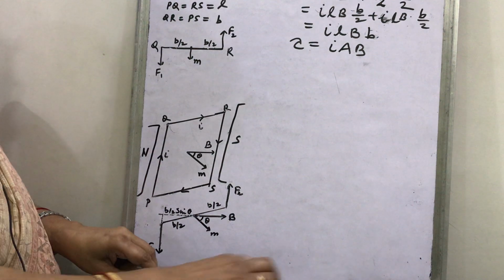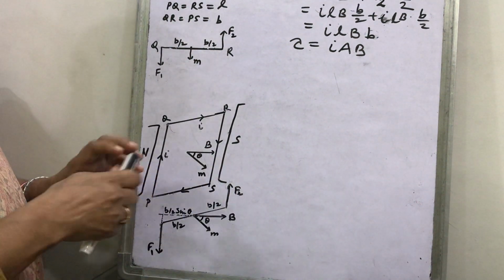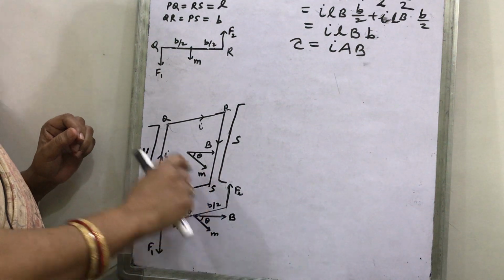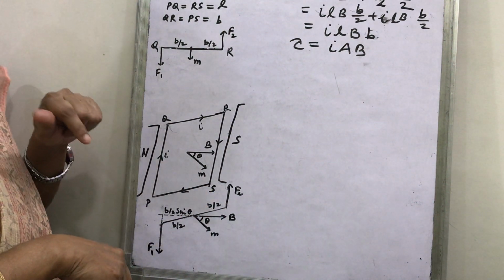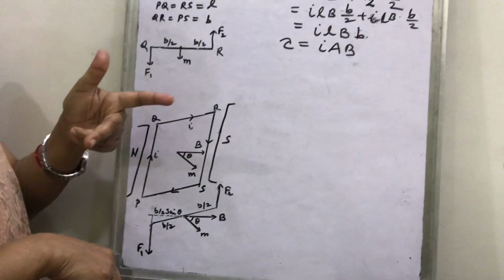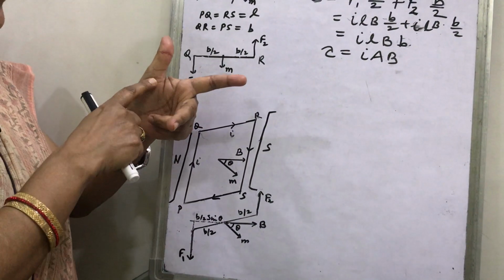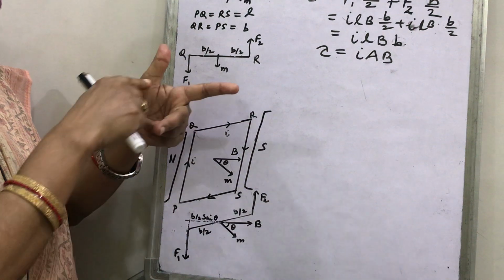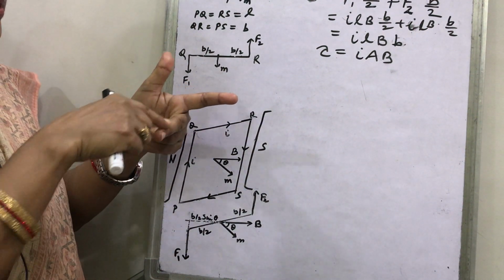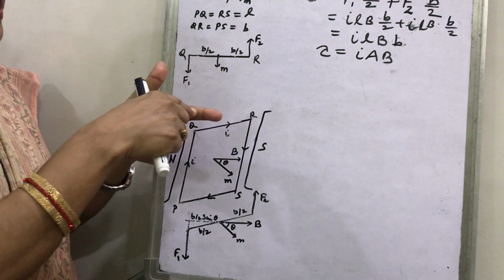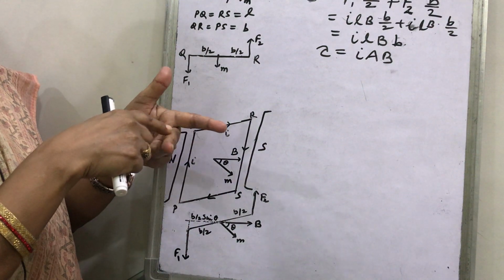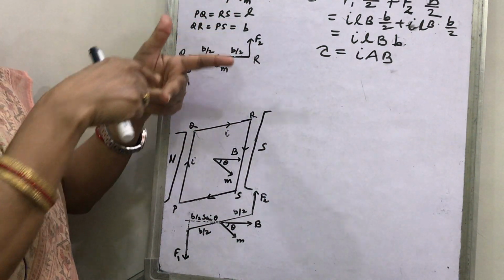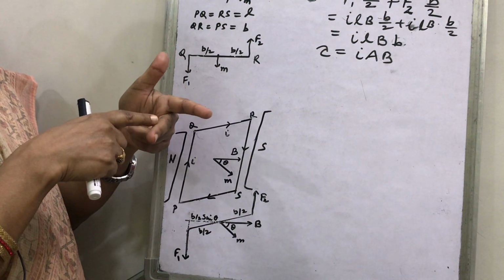Now what will happen here is that at the arms QR and PS, yes, there will be a force. How? You know, force is always perpendicular to the magnetic field and always perpendicular to the current. Current and magnetic field may have any angle. In the first case this angle was 90, here a certain angle.